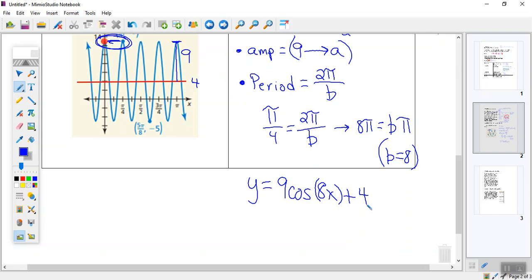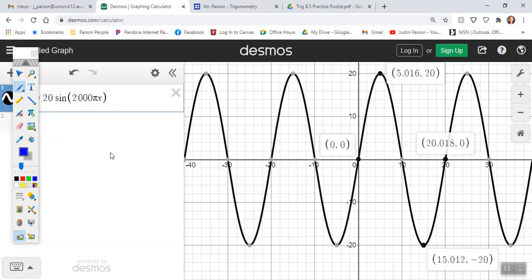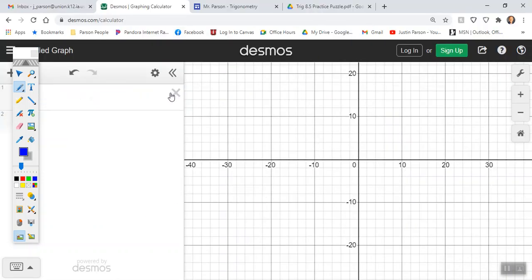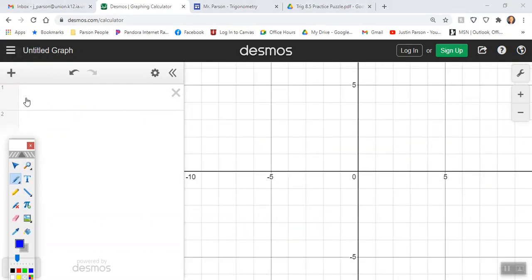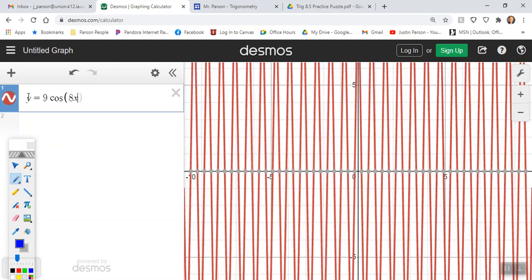We weren't sliding anything left or right. We did some horizontal compression with that 8 in there. Now the cool thing about the graphs and having to write a function for them is this. Once you've done that, Desmos is really super good about this. So we think we came up with y equals 9 cosine 8x, right? Put your parenthesis in, plus what?